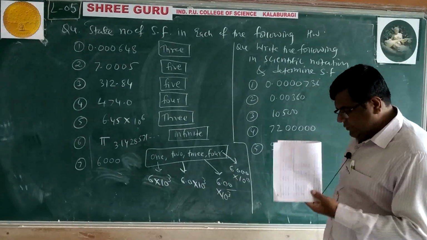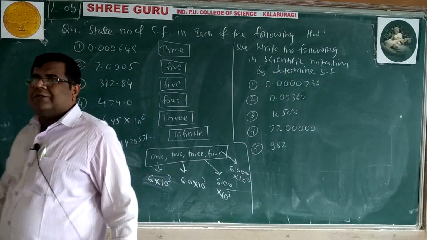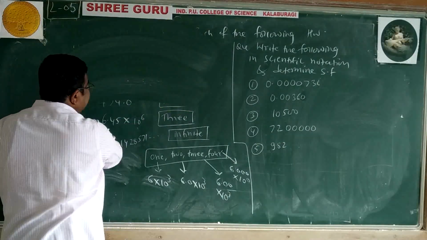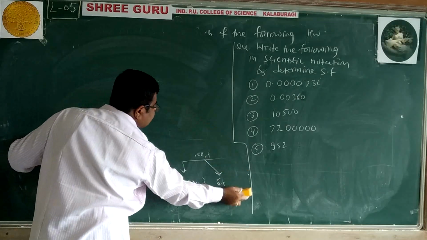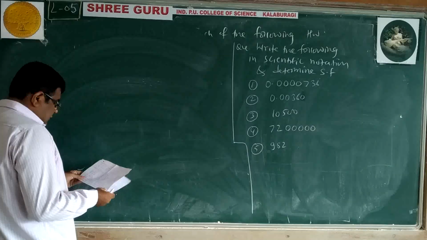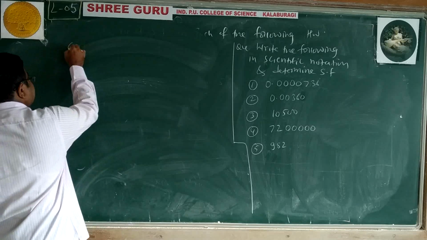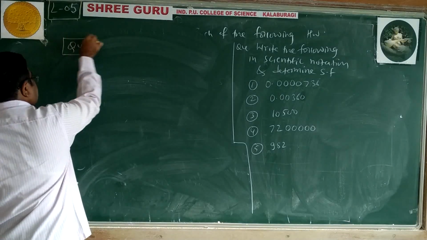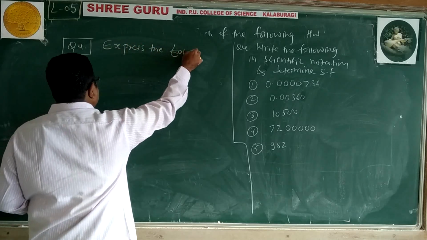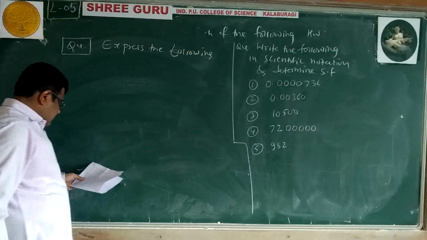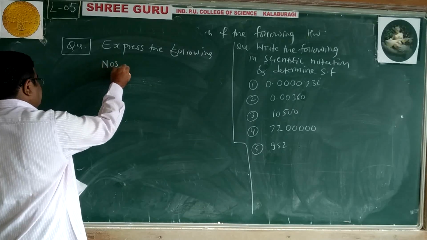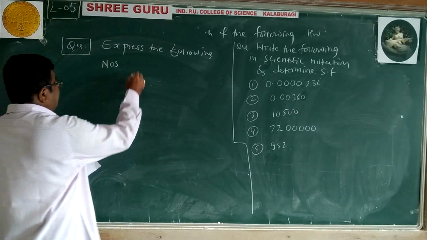One more question I want to give you for homework so that you can understand this in a better way. Express the following numbers up to 3 significant figures.